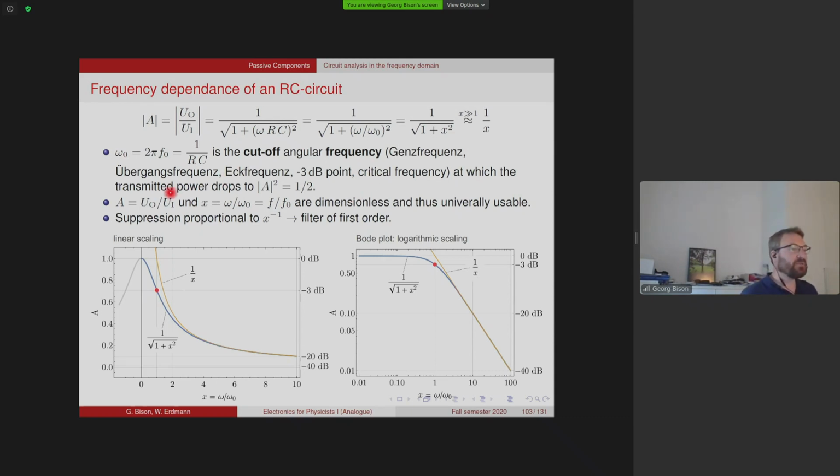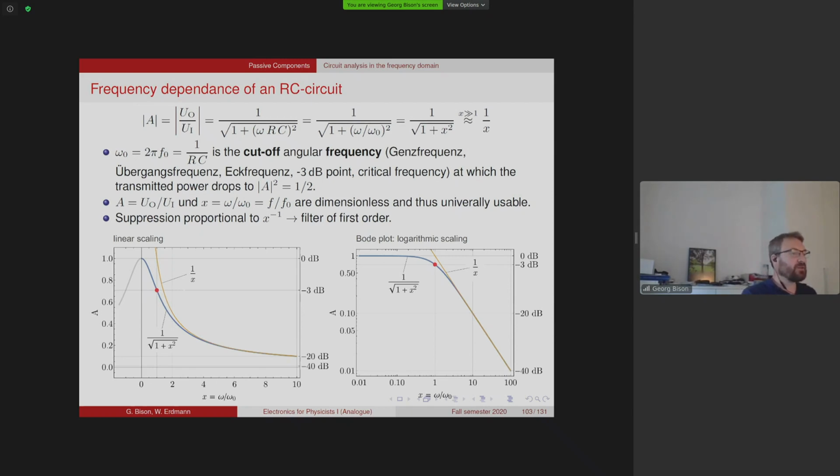It's the frequency at which the transmitted power drops to 1/2. So this is a ratio of amplitudes. If we want to calculate the ratio of powers, we simply square these two. So the magnitude squared is the ratio of transmitted powers, and this goes to 1/2.